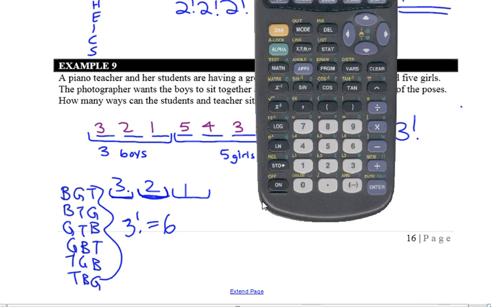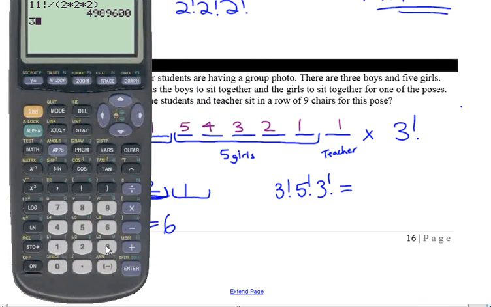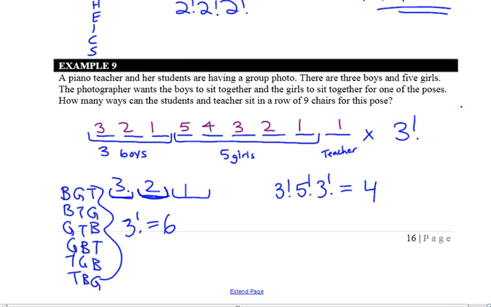Okay, that's a really tough question and a good diploma type question because you have to remember that you have to arrange those groups too. Times 5 factorial times 3 factorial is 6. Okay?